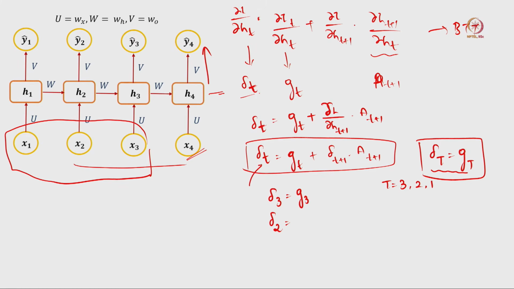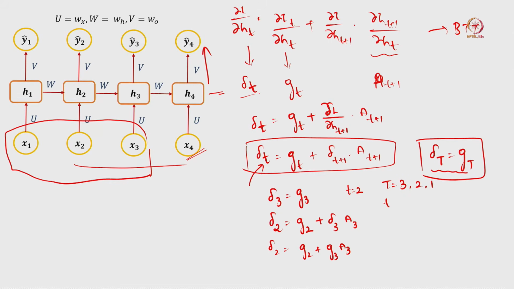Substitute the values in this. Delta 2 is G2 plus, when t equal to 2, 2 plus 1 delta 3 A 2 plus 1, which is A3, right. Now, substitute the values back: G2 plus delta 3, which is G3 A3, good.